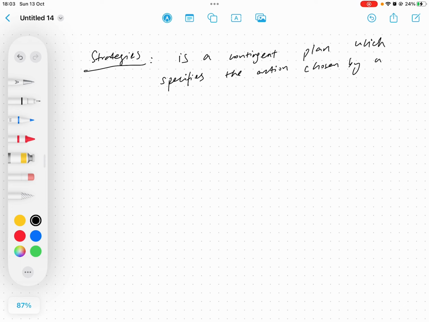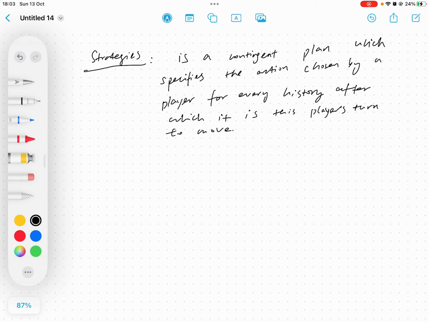Okay. For what? For every history after this history, it is this player's turn to move. Okay, so that's the intuition for strategies.